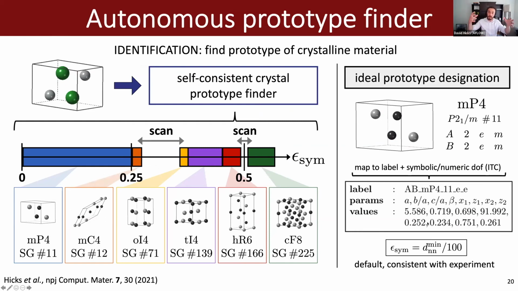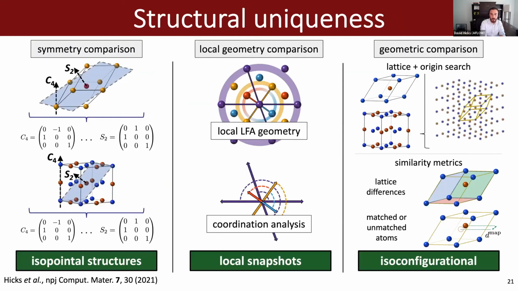So it can map to this label and degrees of freedom and determine for any arbitrary structure what the symmetry is, what the prototype designation is, and what these degrees of freedom are. And so again, this can be useful for training machine learning models because this label and parameters could also be features potentially in a training set. So that's the one component of XtalFinder.